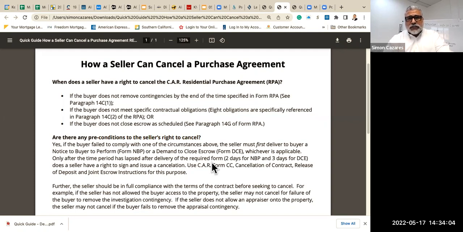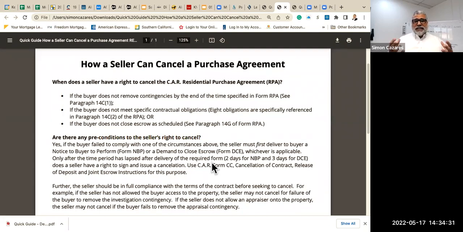But the purchase agreement is what I call the heartbeat of what we do on a regular basis, because it gives us the opportunity to open up a transaction, open up an escrow. If you represent a seller, you must get an offer. If you represent the buyer, you're submitting an offer. So this is, to me, the heart of the entire process.